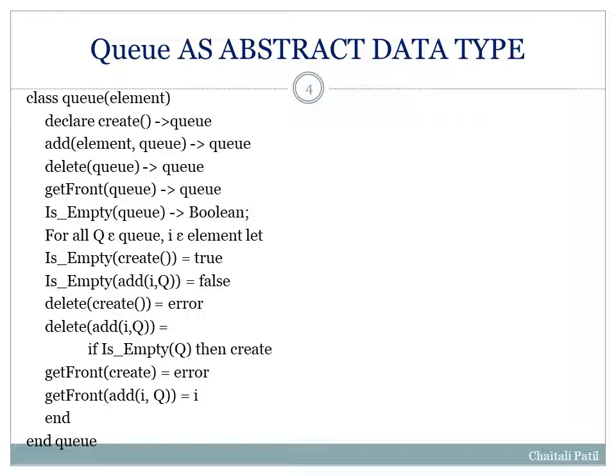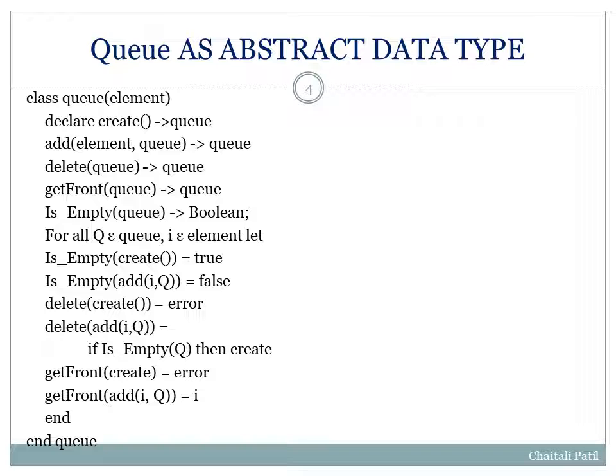Now we'll start writing the axioms. Axioms are nothing but the rules that are used to specify the functions. Okay, so the first rule is for is empty queue. We check whether the queue is empty, and we are passing one function, create, to this is empty queue.